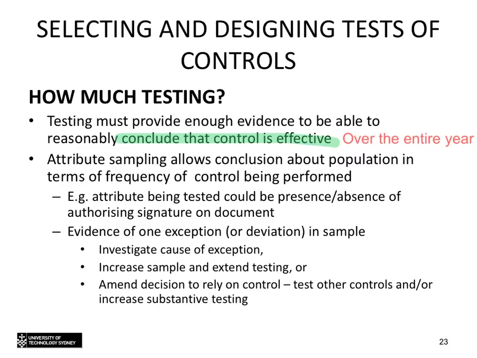It's really important that it's been effective over the entire financial period. All right? Because if the control is broken for 1 month of the year, then that's one portion of the year where you could be having misstatements.